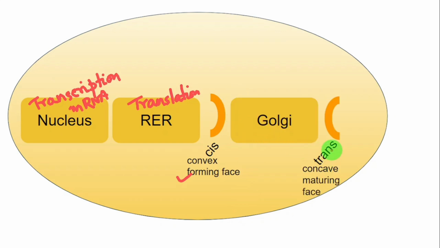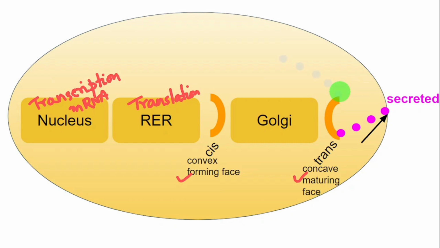And then the trans phase, the concave shaped phase, which is called the maturing phase of Golgi, will receive the modified protein, and then these will be packed in vesicles, and by the process of exocytosis, those proteins will be delivered outside the cell.